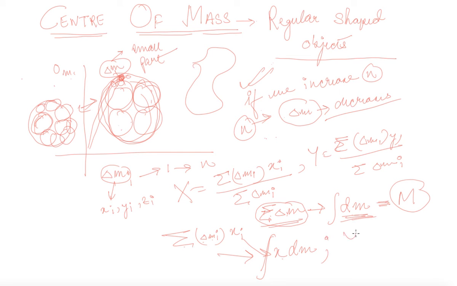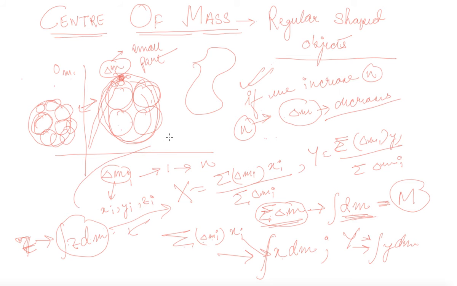Similarly for y, this becomes the integration of y dm, and z becomes the integration of z dm. So this is the new formula that we can convert into. Maybe in the book it's given straight away, but the basic concept of this formula comes from here.